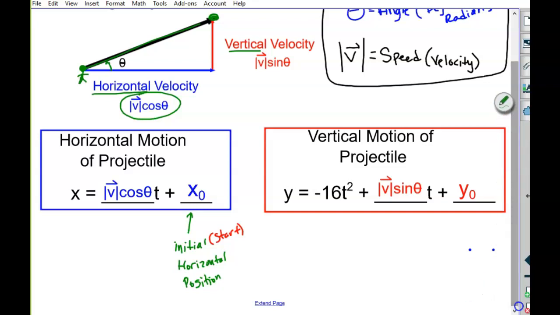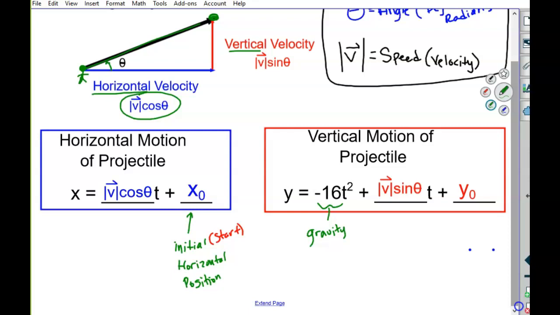Okay? Same thing here for vertical motion. Well, how far am I up or down? Well, it's based off of a couple of things. Now, this negative 16t squared, the negative 16 is actually gravity in terms of feet per second. Sometimes you saw negative 9.8, that would be meters per second.